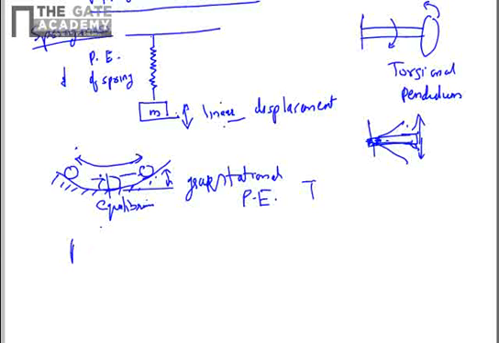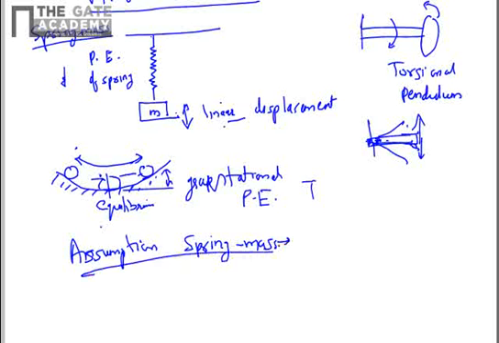We'll make some basic assumptions related to the spring mass system, which will help us derive the equation for linear oscillations. The first assumption is that the spring is massless. There is no mass of the spring.